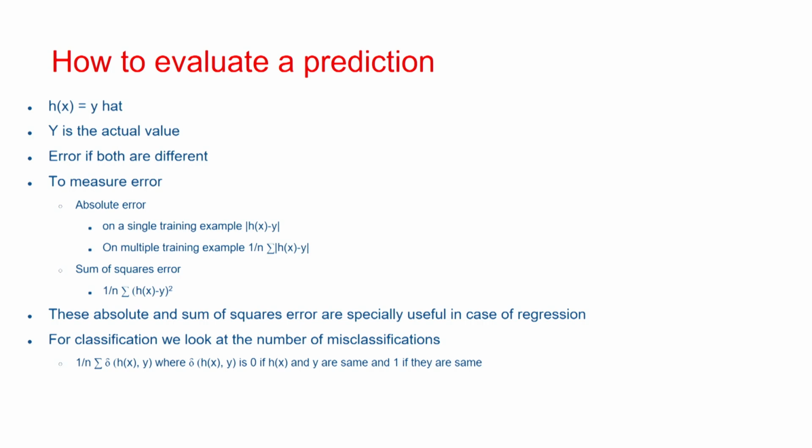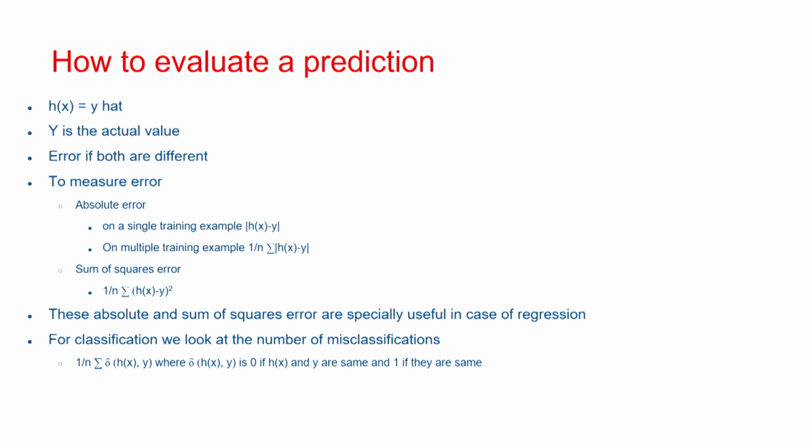Mathematically we can define it as 1 by n summation of delta(h(x), y), where y is the actual label of the given instance x, h(x) is the predicted label of that instance x, and delta(h(x), y) is a function that can have one of two values, either 0 or 1.